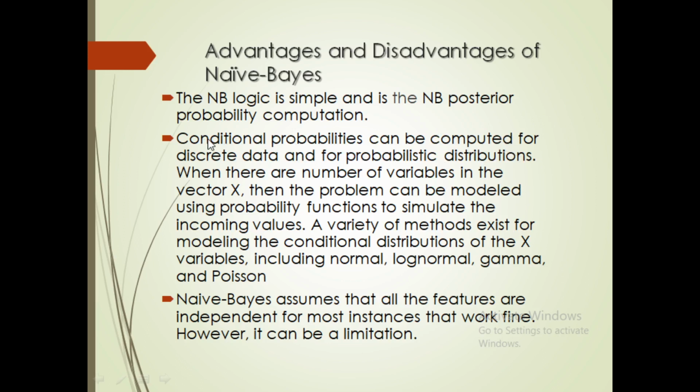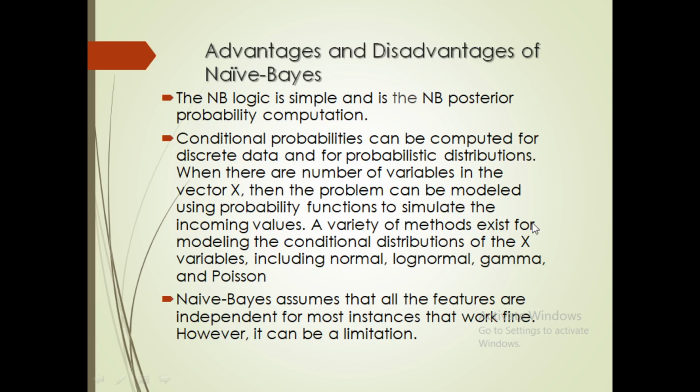We can calculate the conditional probabilities for both kinds of data, that is discrete data and probability distributions as well. When we have a large number of variables in the vector x, then we cannot compute it very easily. Then the problem can be modeled using probability functions to simulate the incoming values.